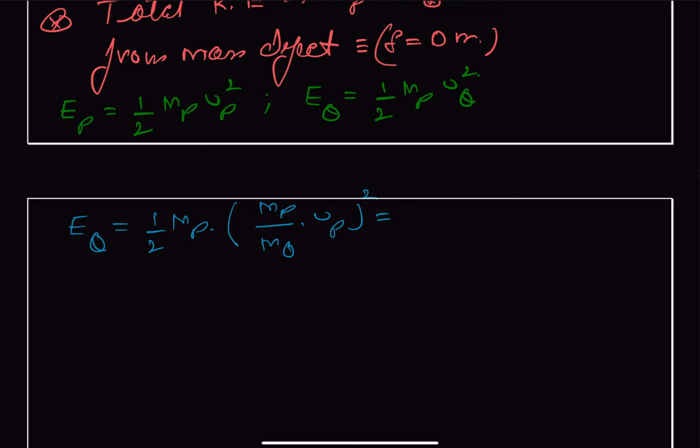This gives us half MP square divided by MQ, and this comes as VP square.